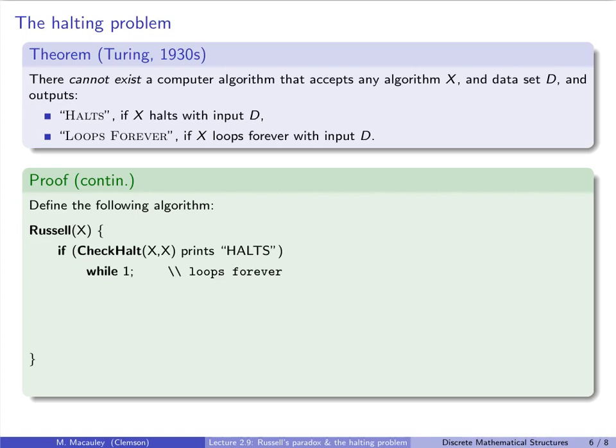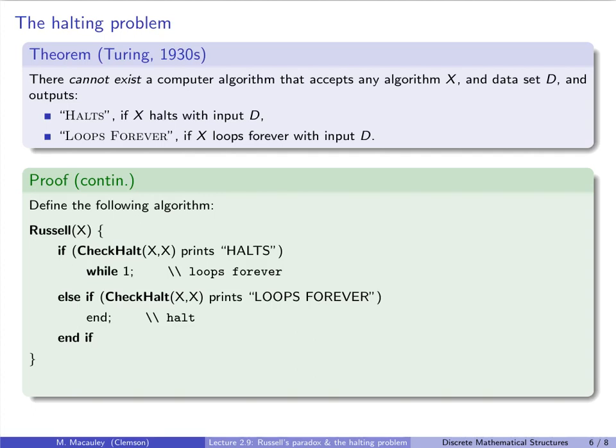So one way to do that is to just define a while loop and write 1, which is always true, so this thing will just loop forever. There's other ways to define infinite loops. This is probably the easiest one. Okay, so if check halt with input X and itself prints halts, then our program Russell will run forever.